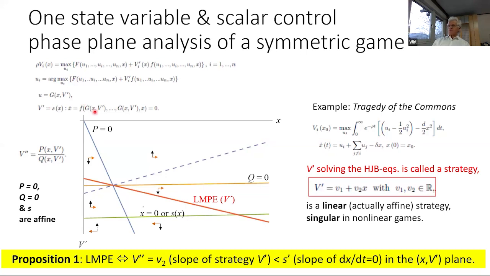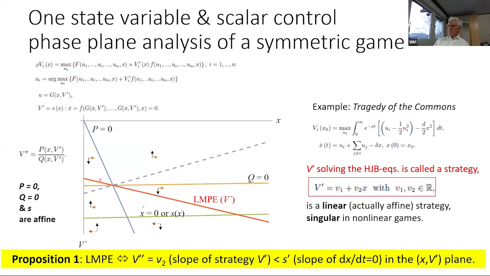So you get, crucially, by making this phase plane analysis, three crucial loci. Okay? So you get in the x-V prime plane, you can differentiate this differential equation once more, and then you can characterize the optimal strategy as a ratio of two linear terms, P and Q, okay?